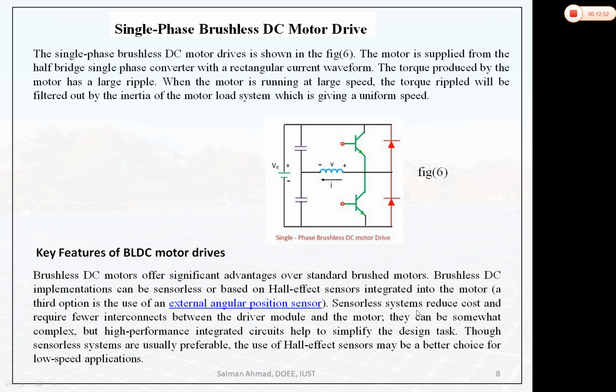Sensorless systems reduce costs and require fewer interconnects between the driver module and the motor. They can be somewhat complex, but high performance integrated circuits help to simplify the design task. Thus, sensorless systems are usually preferable. The use of Hall effect sensors, which are embedded inside the motor, may be a better choice for low speed applications.